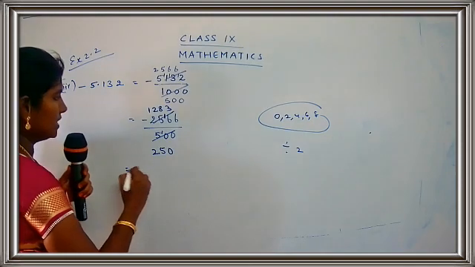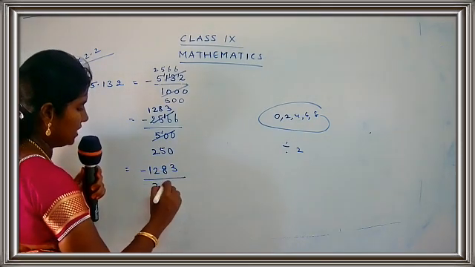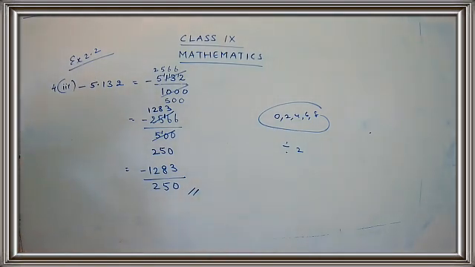So what is left here? Minus 1283 upon 250. So the answer is minus 1283 upon 250.